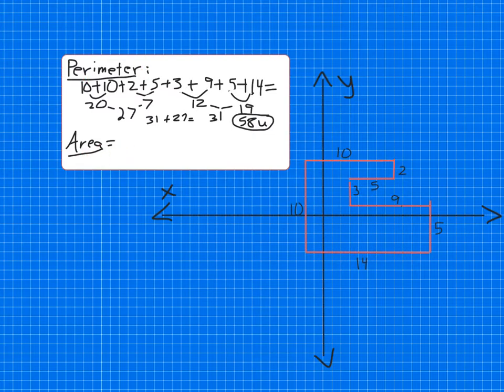Now area, since these are all already rectangles, I'm going to split them up here and here and create 3 rectangles, and I'll just call them A, B, and C. Okay, so my area is going to be area of A plus area of B plus area of C to find the total area.